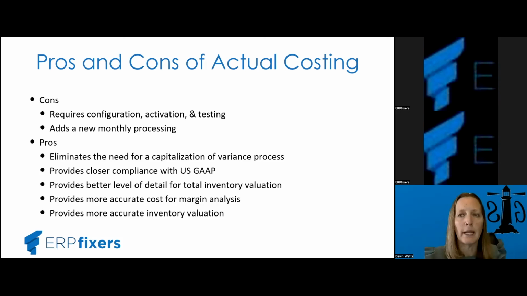Well, if you're running actual costing on a monthly basis, then you're seeing those variances attributed in the month that they occur. And you're seeing that capitalized into your inventory value and into your cost of goods sold. And then it provides more accurate inventory valuation. So overall, it gives you a better picture of what things look like from your balance sheet perspective, as well as your P&L perspective, as it relates to the cost of your materials.